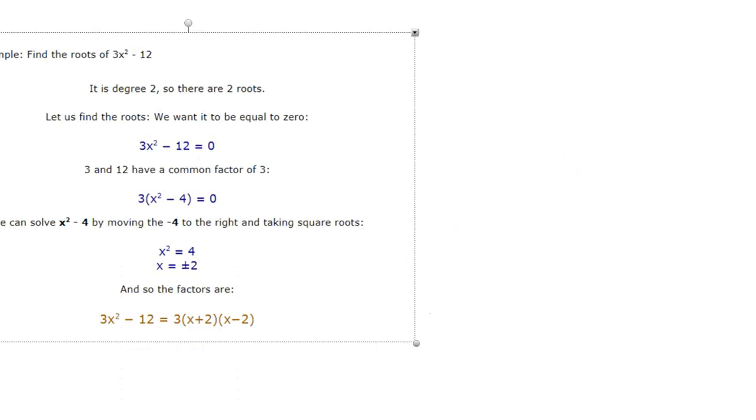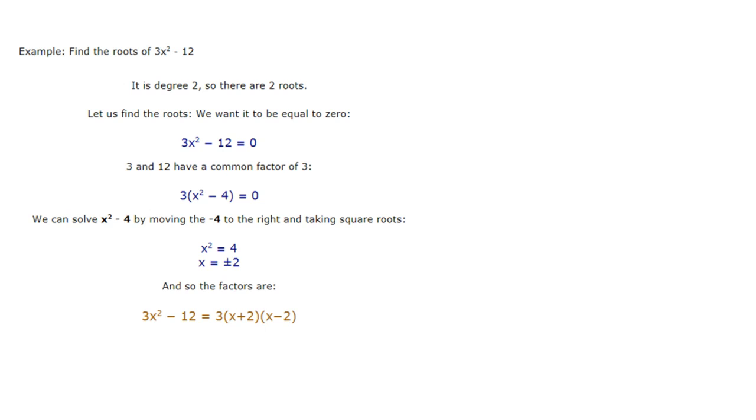If we look at another example here, we'll bring it over. Alright, so we're trying to find the roots of 3x squared minus 12. First thing we want to do, set it equal to 0. So if we set it up, we've got 3x squared minus 12 is equal to 0.